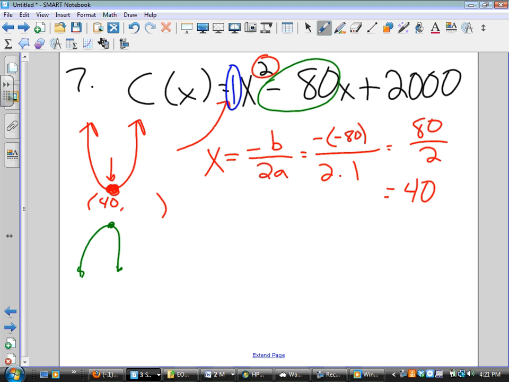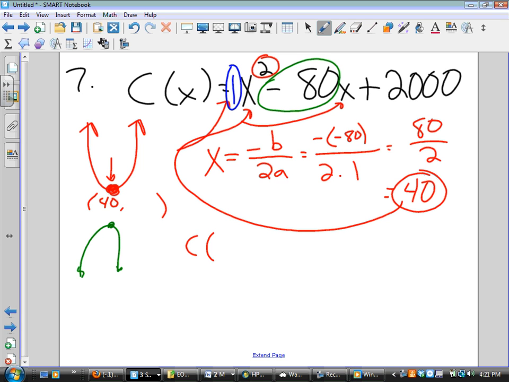So then the last part of this says, what is the actual marginal cost? So to find the actual marginal cost, all we have to do is plug this X value into the function. So we're going to take 40, and we're going to plug it in for X into this function. Okay, so C of 40.